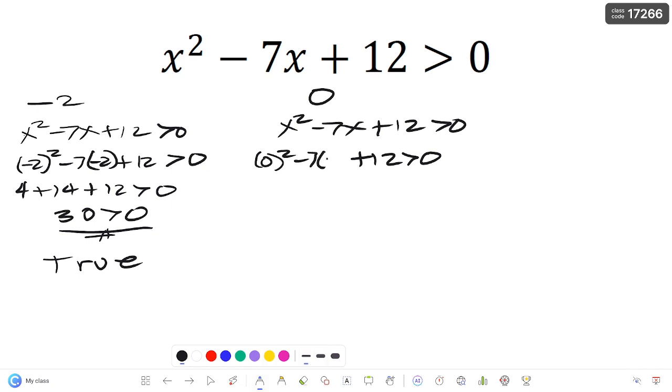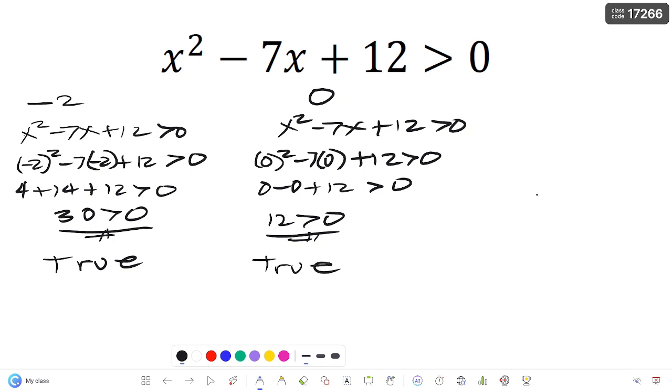So, 7 times 0, siyempre dito, 0 minus 0 plus 12 is greater than 0. So, 12 is greater than 0. Tama ba to? Okay, tama ito. 12 is greater than 0.